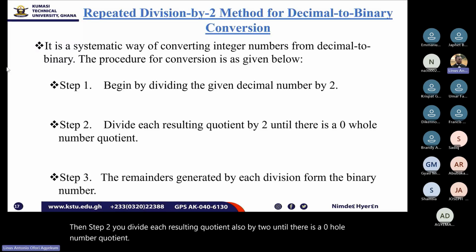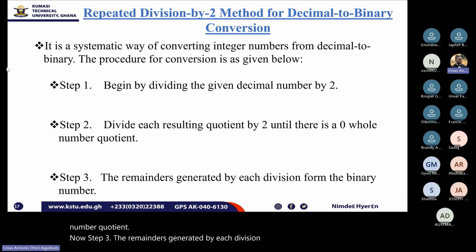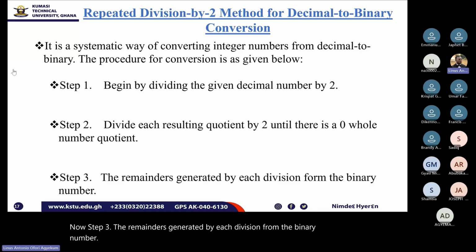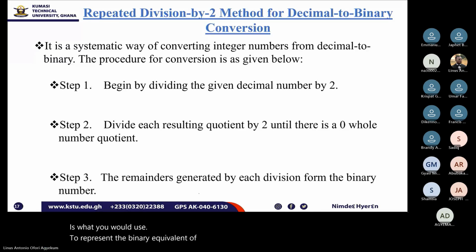Step 3, the remainders generated by each division form the binary number, which is what you would use to represent the binary equivalent of that decimal. So we will look at an example so that you can appreciate what we are talking about.